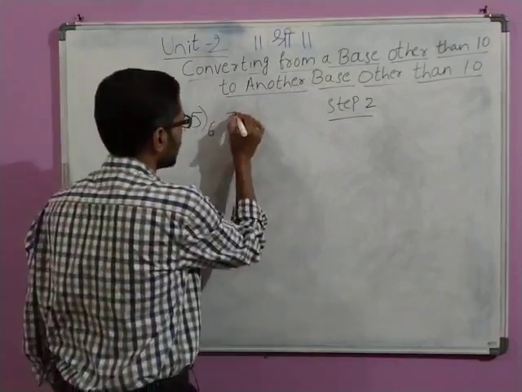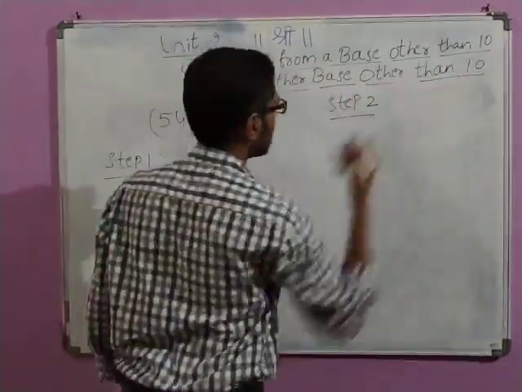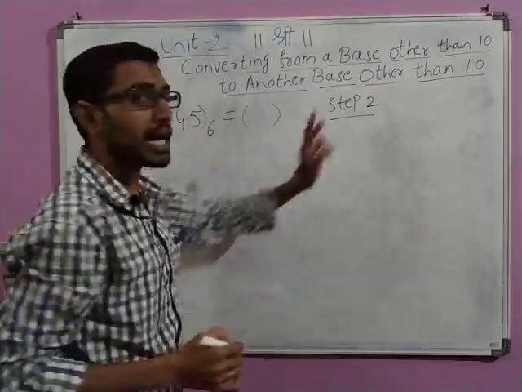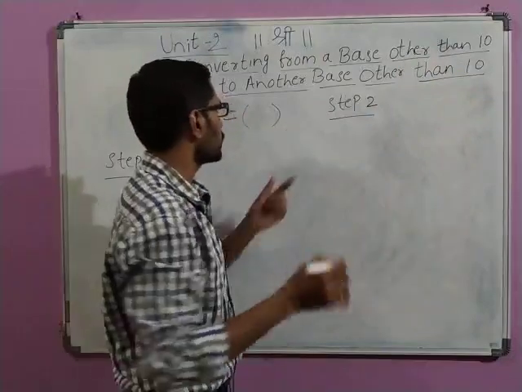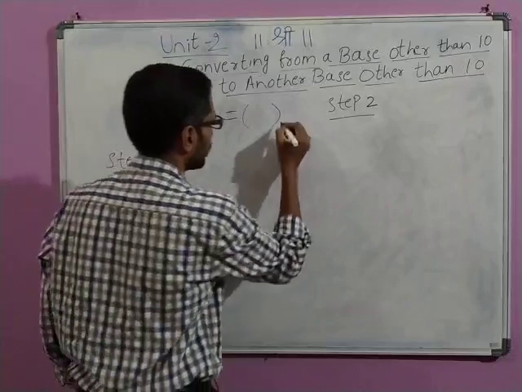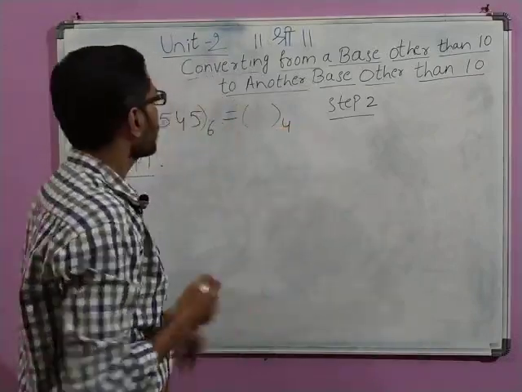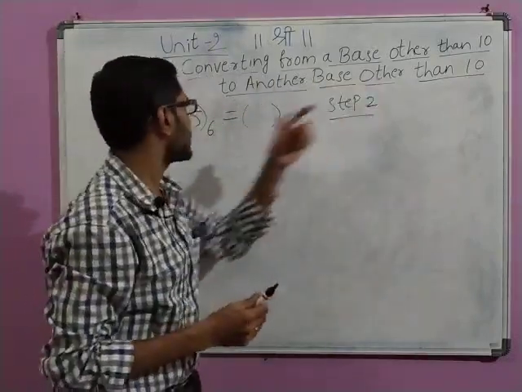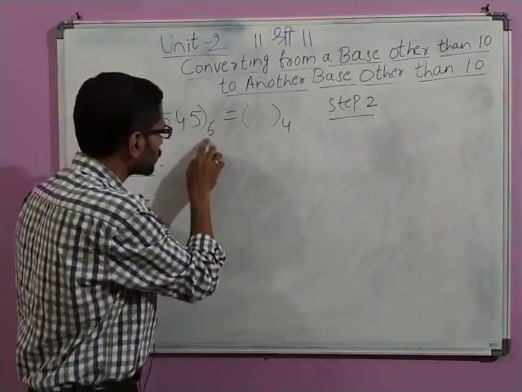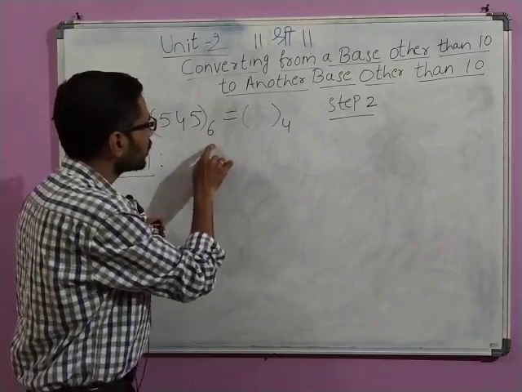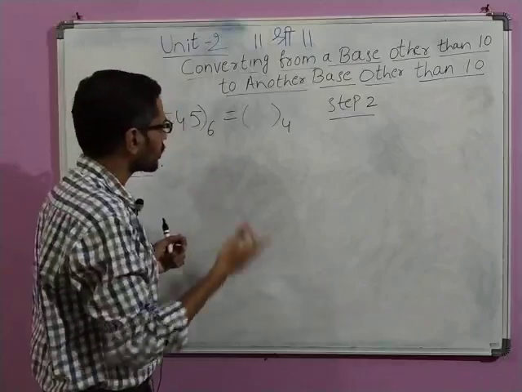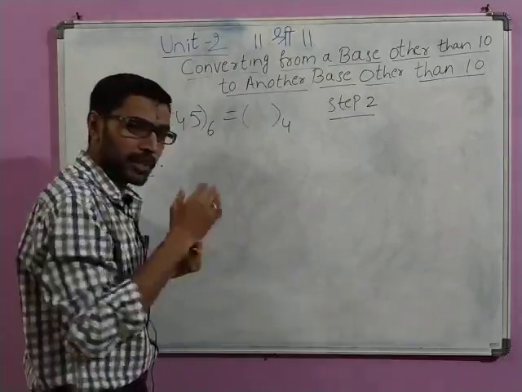Now this has to be converted to another base other than 10. So this should not be 10. It can be 4, 5, 6 and so on. So I will write it as 4. Whatever number you are going to convert should not have the base 10. Here the base is not 10, it is fine. This base can be binary, octal, base 5, base 4 and so on.